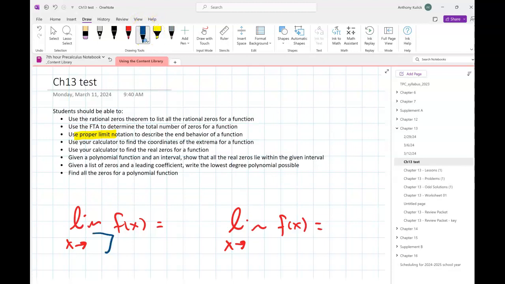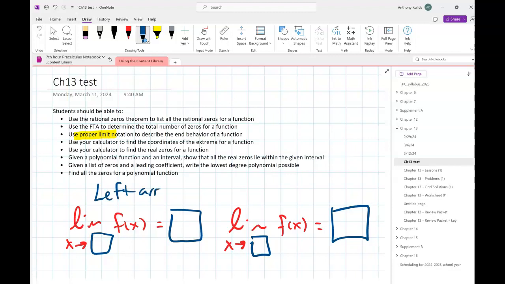We have to fill in this spot, and then this spot and that spot. If this is the left arrow, that spot's always going to be negative infinity. If this is the right arrow, that spot's always going to be positive infinity. And then depending on if we're pointing up or down, these could be positive or negative infinities.